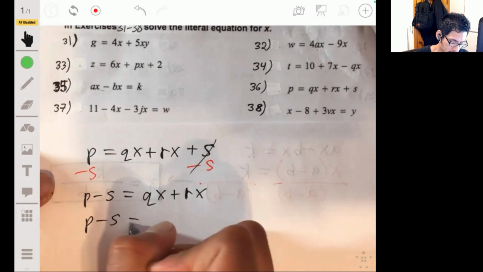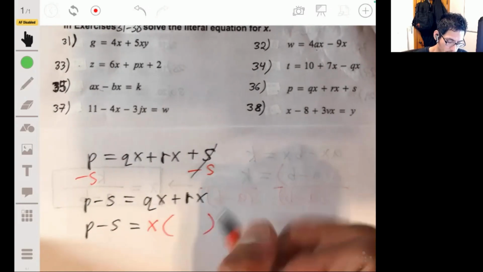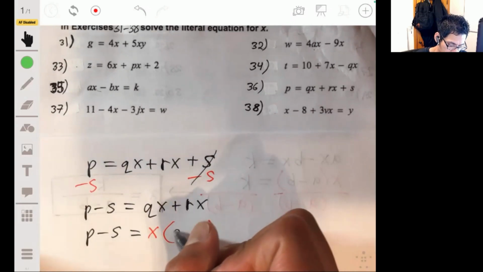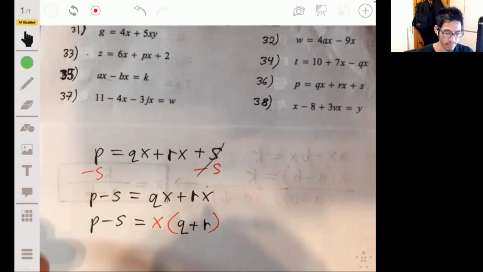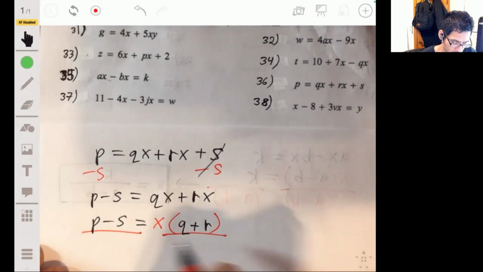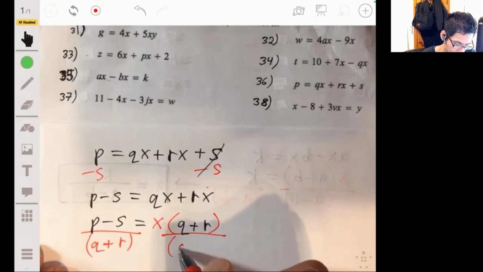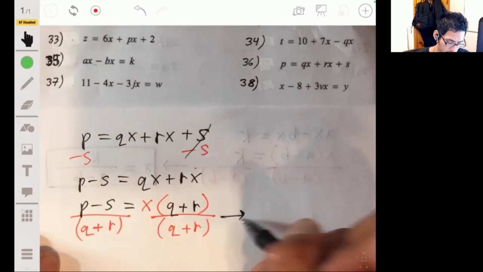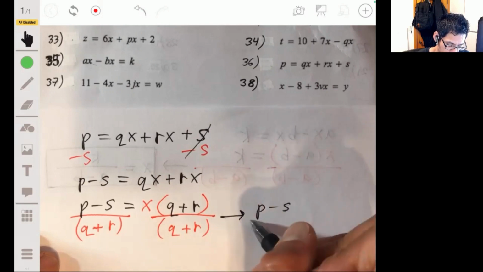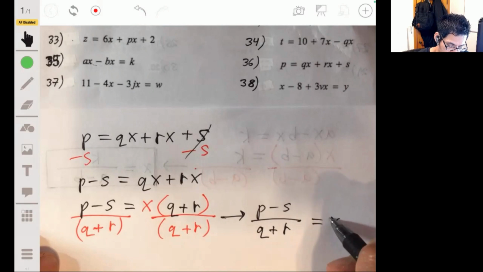P minus s equals, factor out the x times q plus r. Divide both sides by the q plus r. And we get p minus s over q plus r equals x.